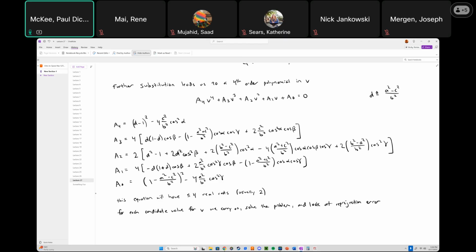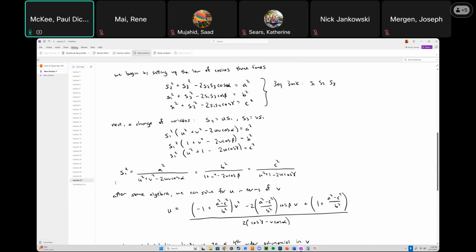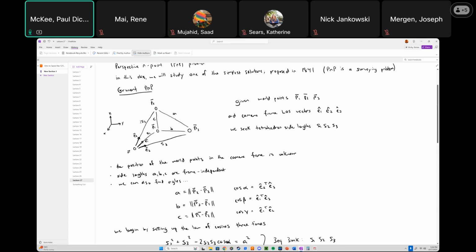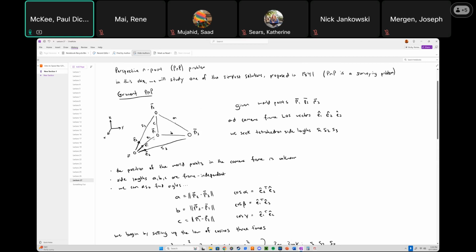So what do I mean by reprojection error? Maybe this makes some sense. If you have V, you have U. If you have U and V, you have S1. If you have S1 and U and V, then you have S1, S2, and S3, which means you know all the side lengths of this shape.